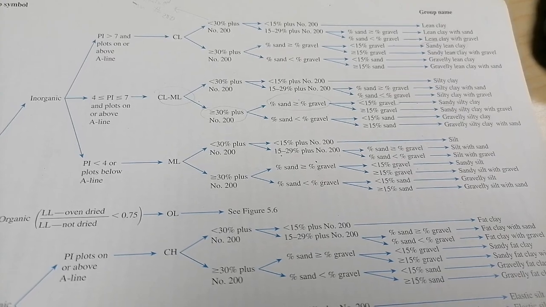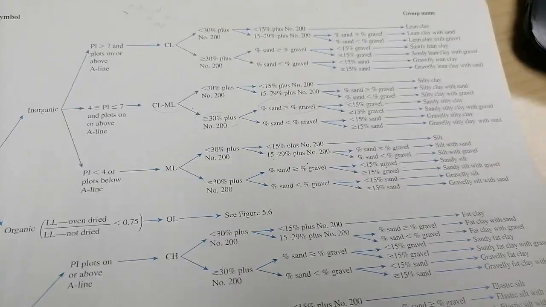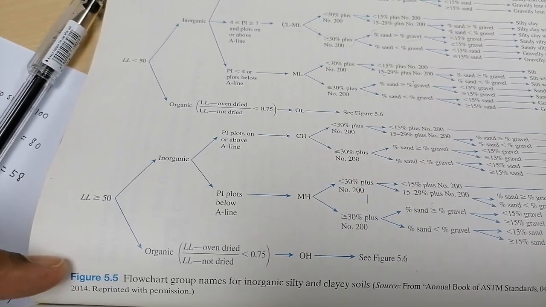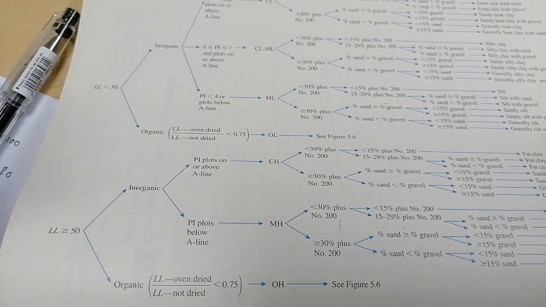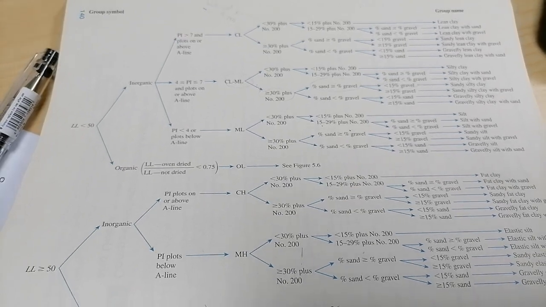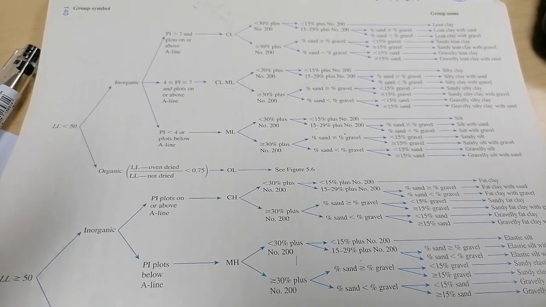Okay, so to get the group name, you have to refer to either figure 5.5, figure 5.6, or figure 5.4. Okay, sama ada untuk dapatkan group name. Okay, saya ulang.